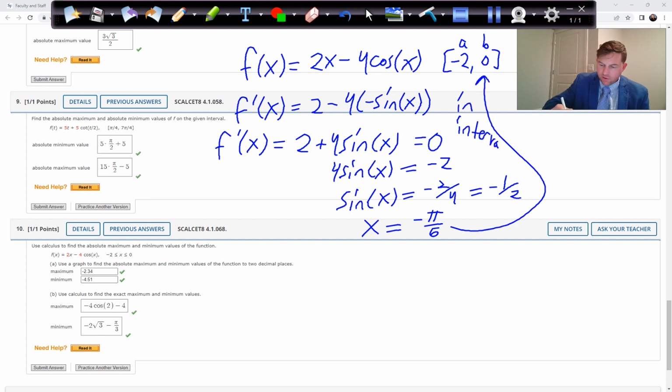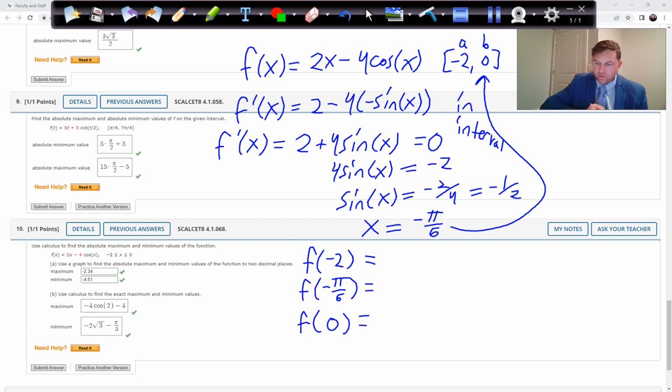It's in between -2 and 0. So we just have to calculate the function when x is -2, the function when x is -pi/6, and the original function when x is 0, from these two interval values and the critical value.